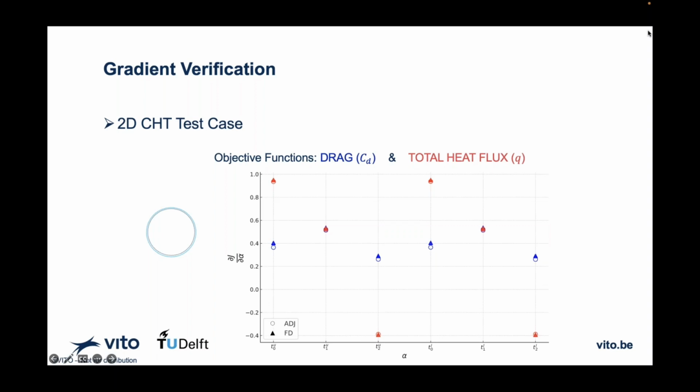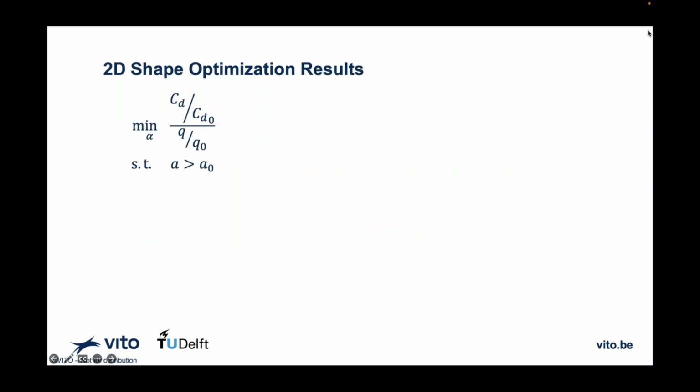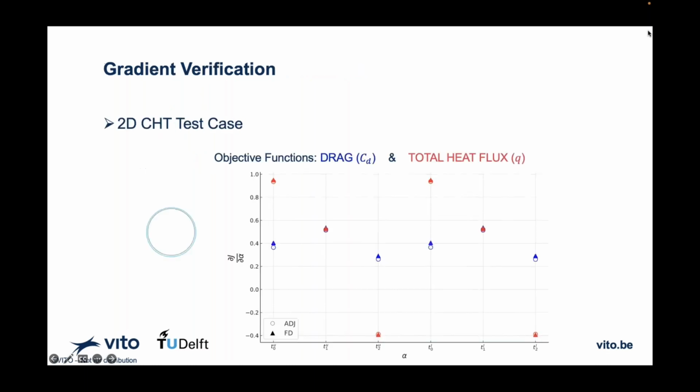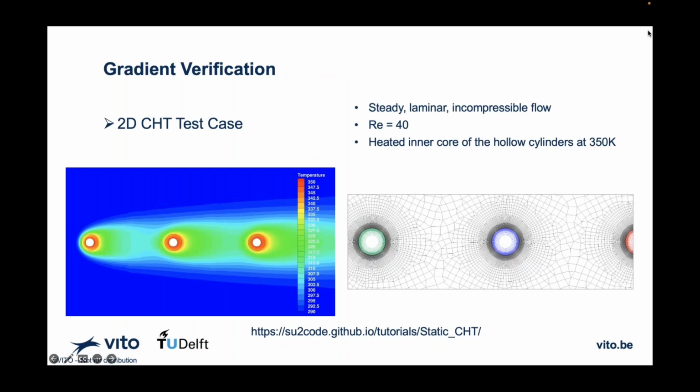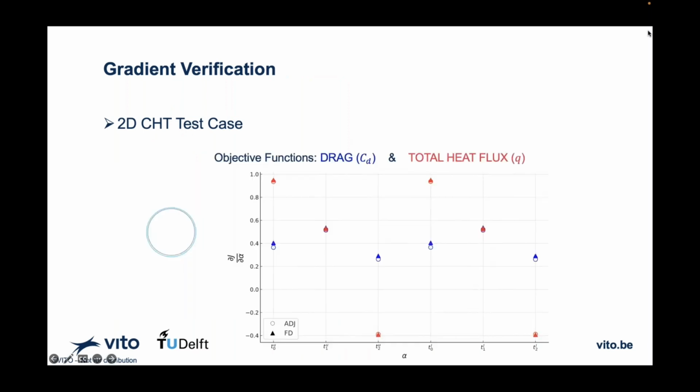And we achieved a satisfactory match for our design variables for a preliminary case. Using this, we move on to the 2D shape optimization results for the same case, where we have the laminar flow across the heated cylinder.